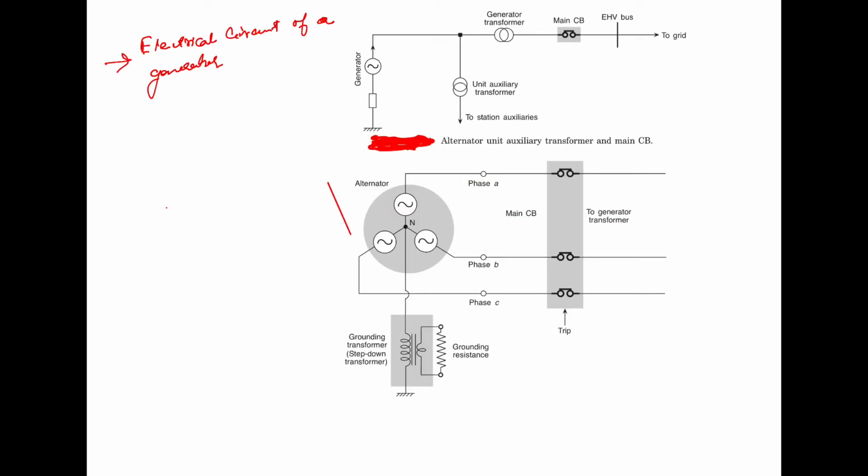The electrical circuit of a generator is very simple in spite of the complexity involved. The figure here shows the various circuits of the generator. From this figure, it is seen that the generator is never solidly grounded.